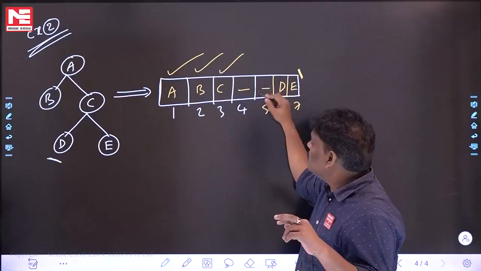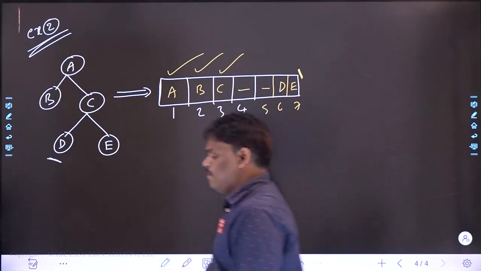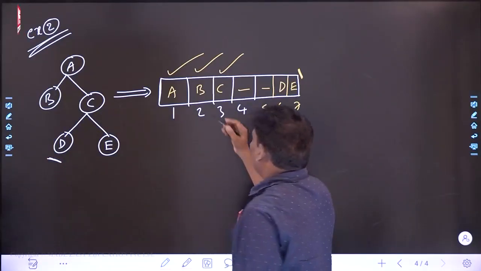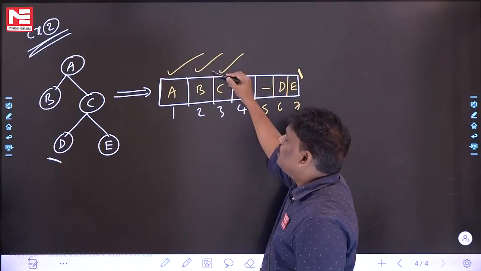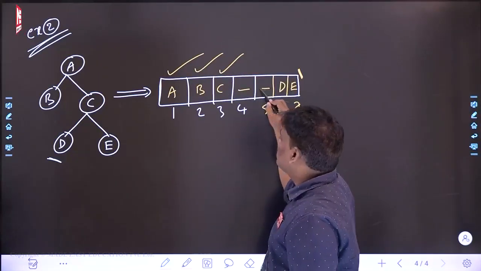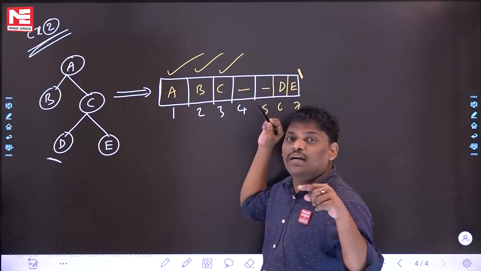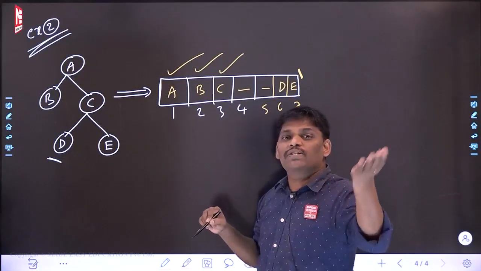Whenever not there, instead of saying not there, they write C's children. You should say B's children are not there.